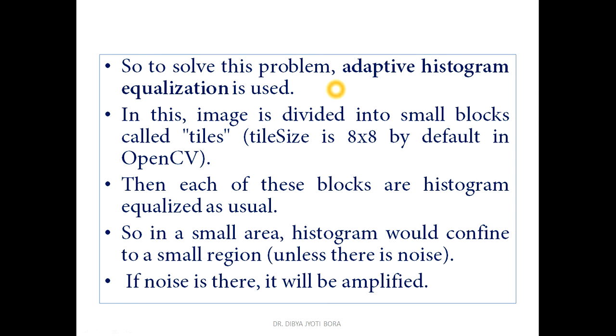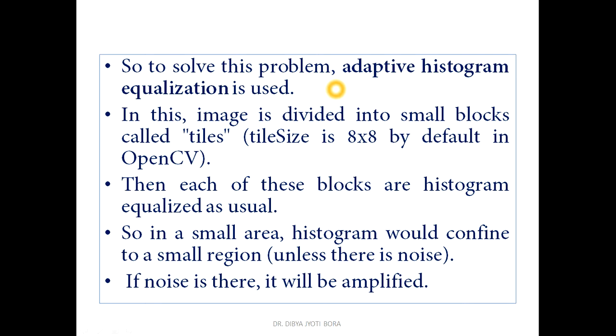In adaptive histogram equalization, the image is divided into small blocks, which are individually known as tiles. As I am showing this practical in OpenCV, in this case the tile size is 8 cross 8 by default. Of course you may change it, but this is the default size, 8 cross 8. Tiles means you have divided the image into different small blocks.